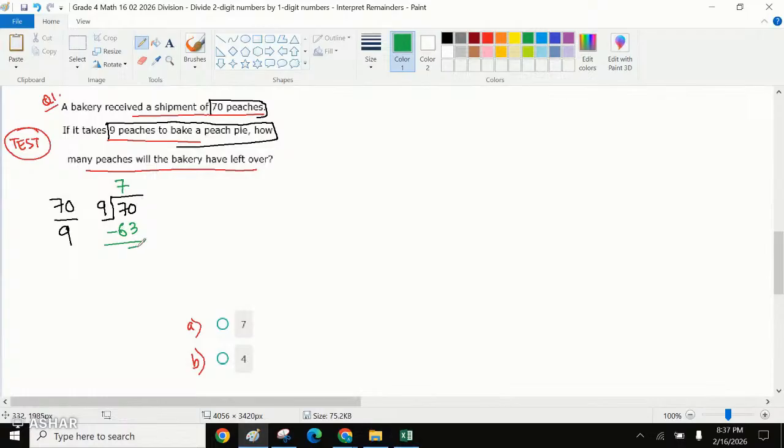We are left with 7. 9 cannot be divided into 7. That means 7 is the remainder. Agreed? So we can say option A is the correct answer.